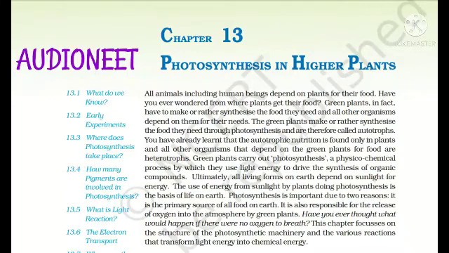The C3 and C4 plants respond differently to CO2 concentration. At low light conditions, neither group responds to high CO2 conditions. At high light intensities, both C3 and C4 plants show an increase in the rate of photosynthesis.